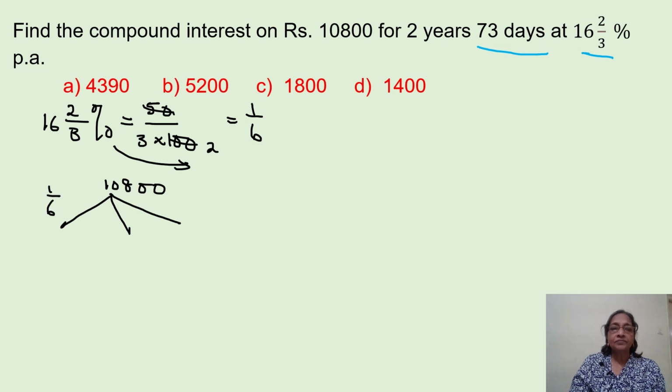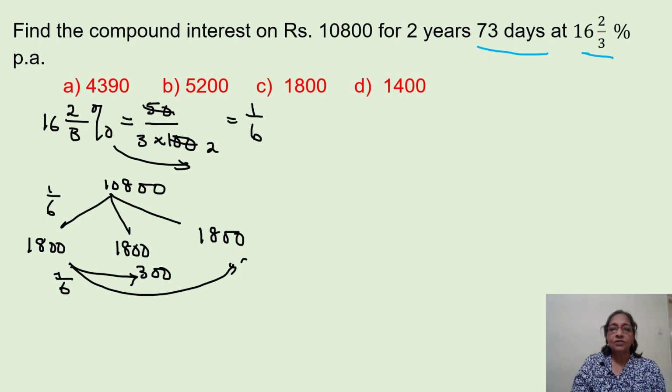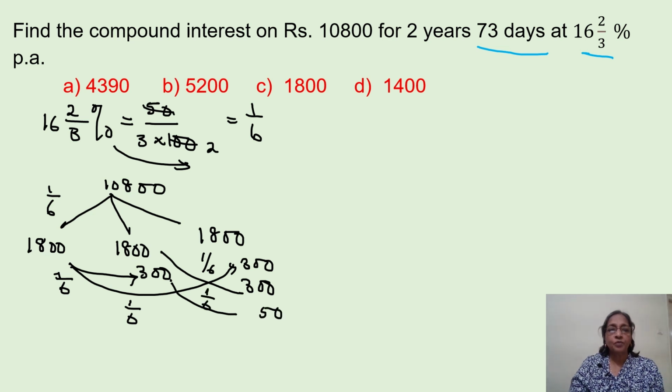1/6 of this, that is 1800, 1800, 1800. Then 1/6 of this, 300, 1/6 of this, 1/6 of this, and then you have a 1/6 of this, that is 50 rupees.